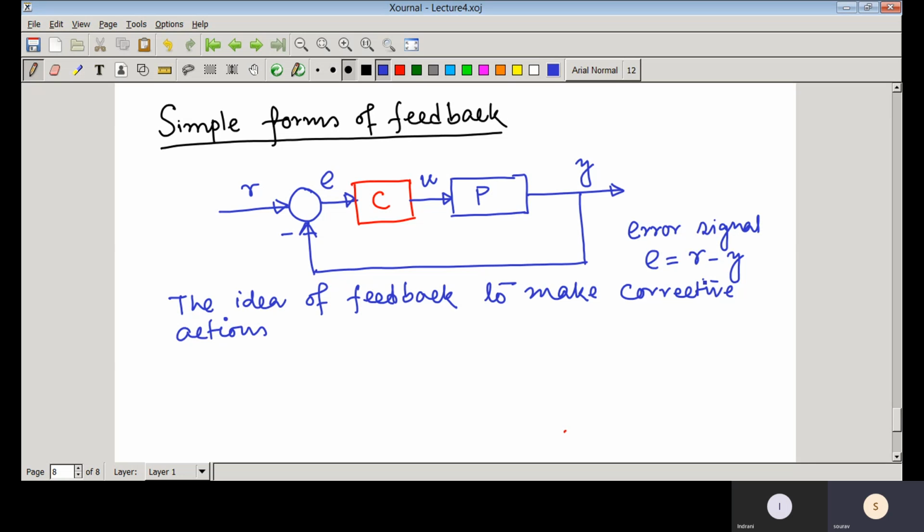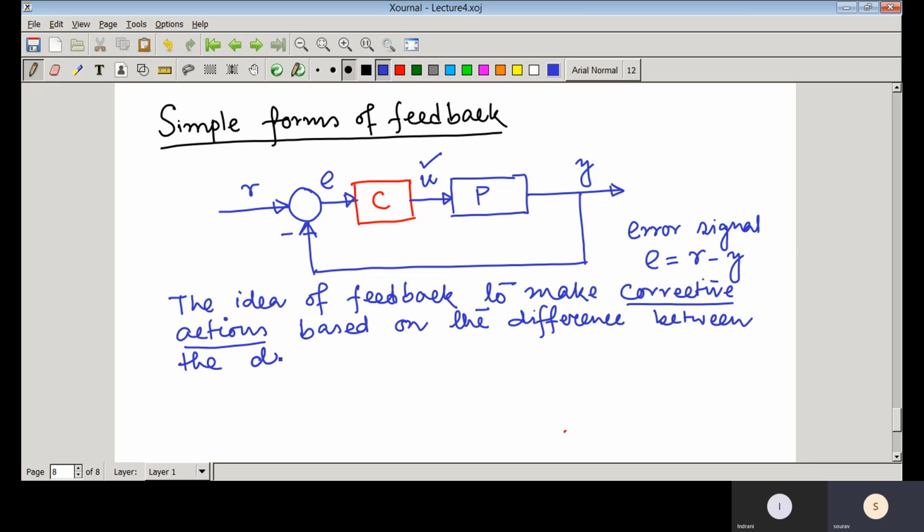These corrective actions are basically this U, the control input, the output of the controller, based on the difference between the desired and the actual values.